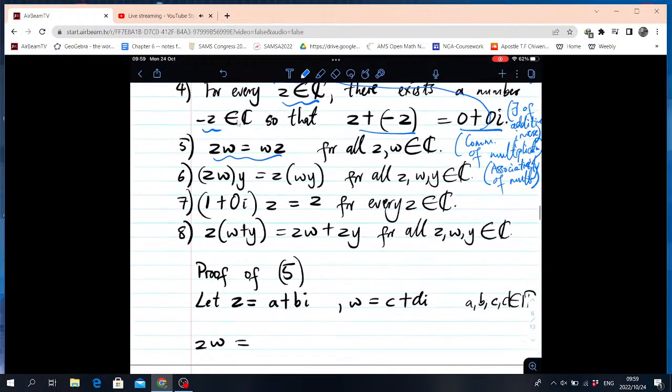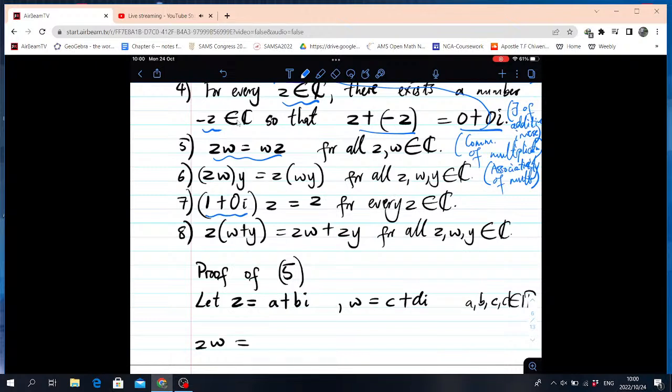And then in real numbers we know we also have a multiplicative identity. If you've got 1 times a, this is going to be equal to a for any a that you pick. If we write the real number 1 as a complex number, it is just 1 plus 0i.